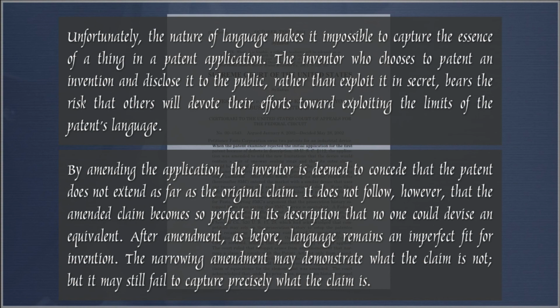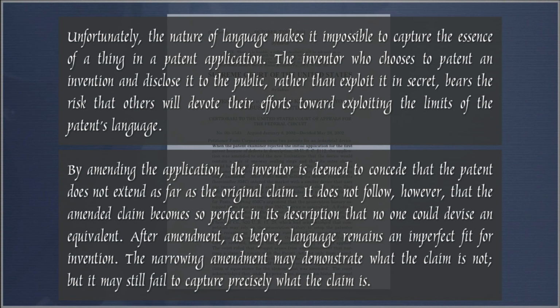The inventor who chooses to patent an invention and disclose to the public rather than exploit it in secret bears the risk that others will devote their efforts toward exploiting the limits of the patent's language. That's true. And again, as we've talked before, I think this is probably the best argument for the Doctrine of Equivalents, that it's almost impossible to capture the essence of a thing in the words that you're required to provide in a patent application.